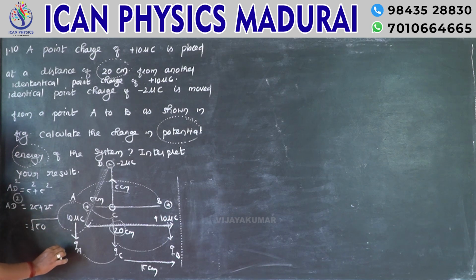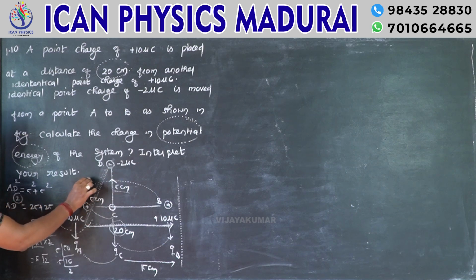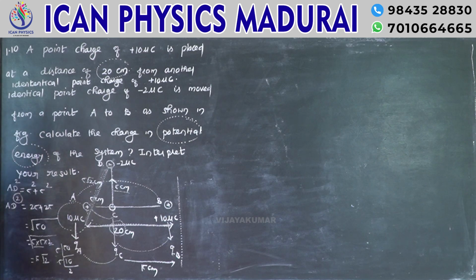So how can we change that? 50: 5 into 5 into 2. Instead of 2 5s, we can take one 5. So 5 root 2. So from here to here, the distance is 5 root 2 centimeter. Okay. Do you get it now?